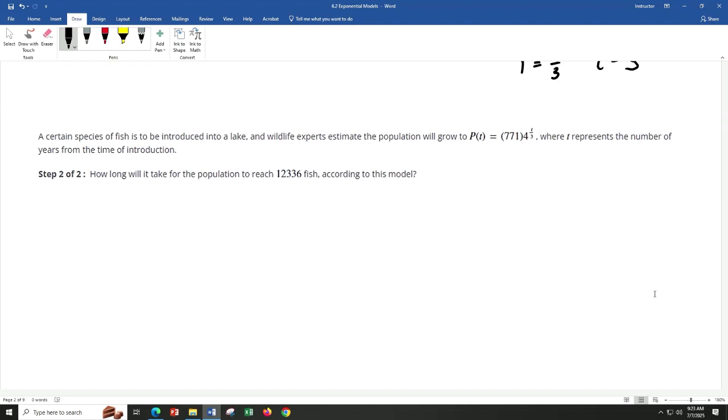So we're going to come in here and write 12,336 is equal to 771 times 4 to the T over 3. Do the math. Same thing, right?